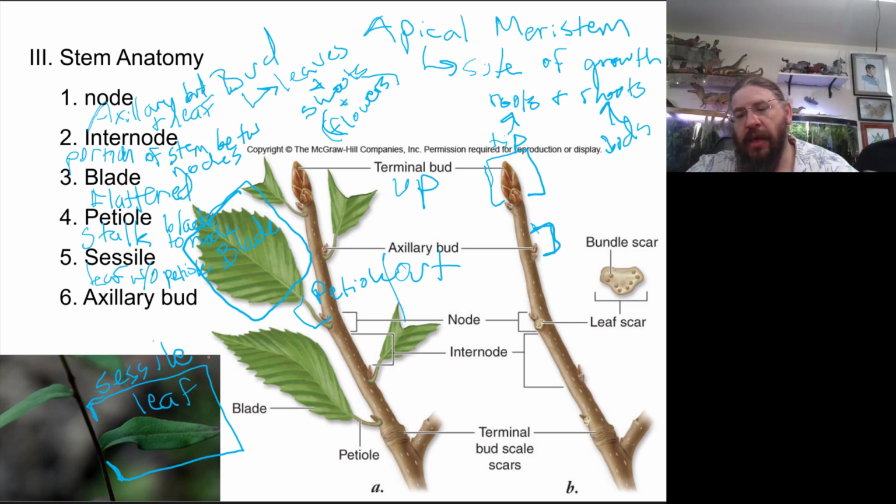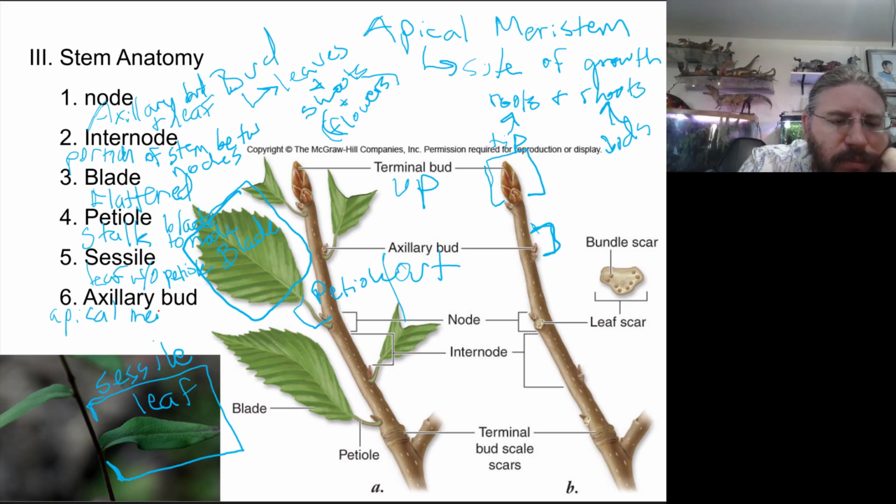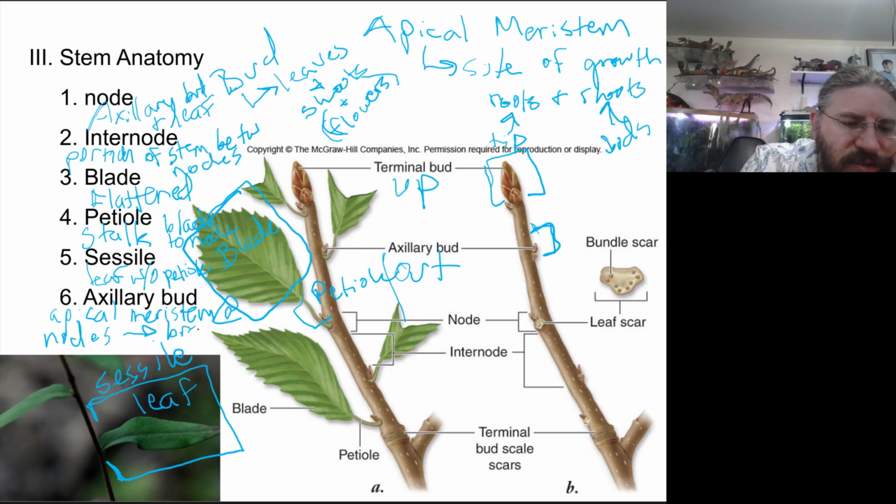Axillary bud. Again, it's part of the apical meristem. It's an apical meristem. It's at the nodes, and it produces branches and flowers.